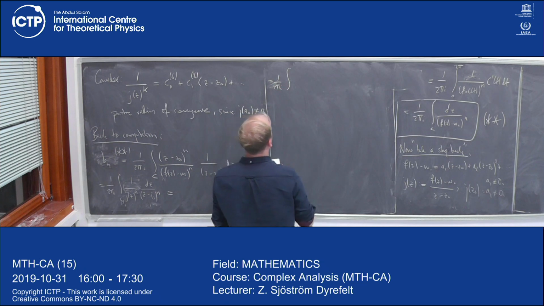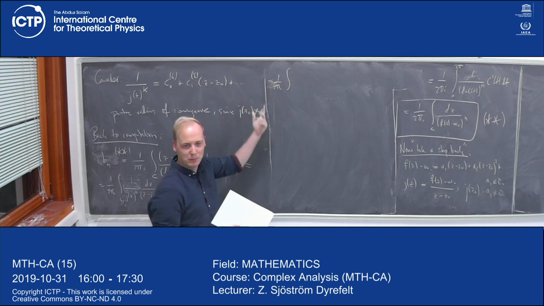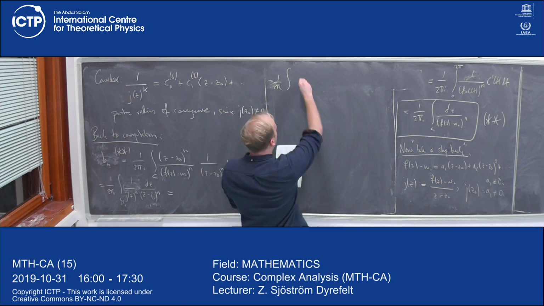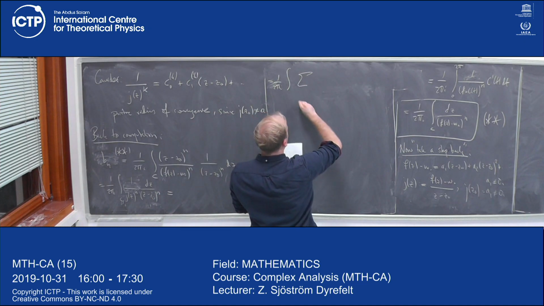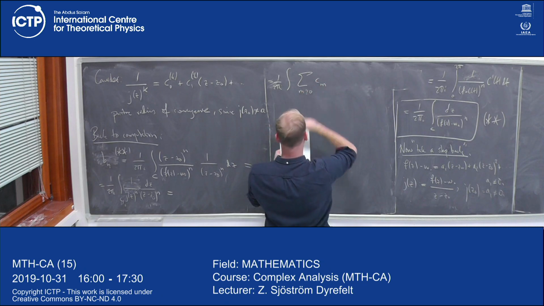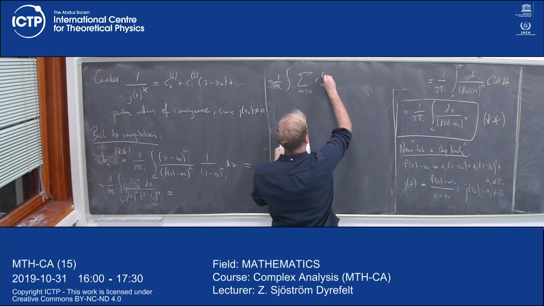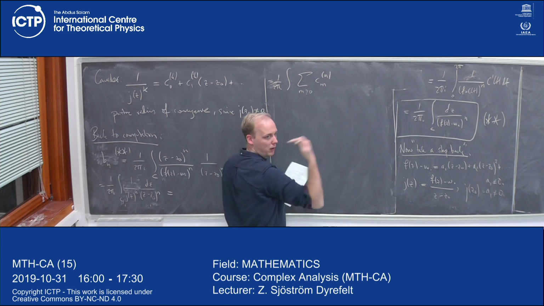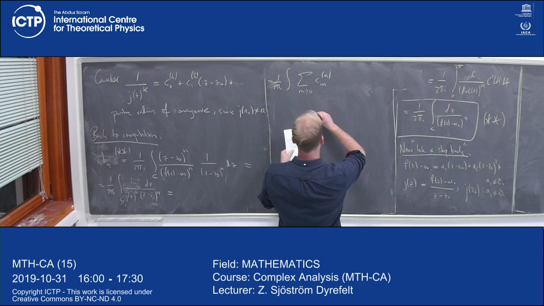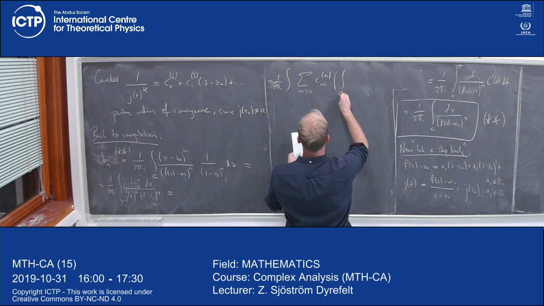always this 1 over 2 pi i. It's like the thing that haunts you in complex analysis. You spend 8 years of your life writing this in total. Okay, the sum over m greater than or equal to 0 of Cm, the coefficients corresponding to the power n that they took, and then times this.